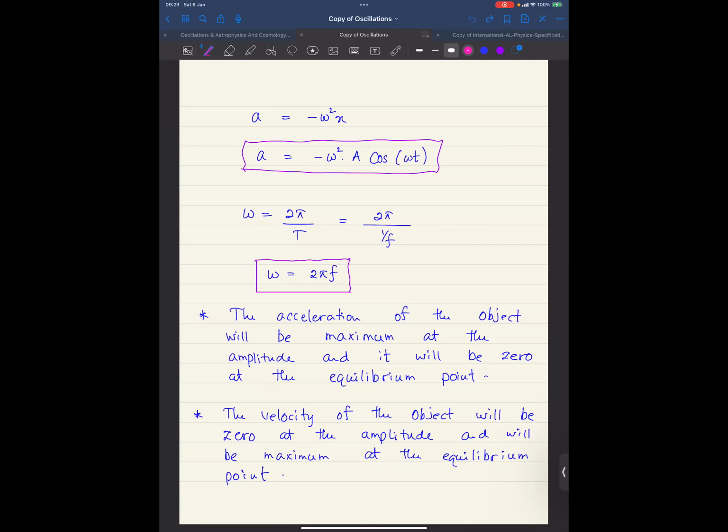And it will be maximum at the equilibrium point. Okay, so equilibrium point is x equal to 0, where x is equal to 0, displacement is 0.